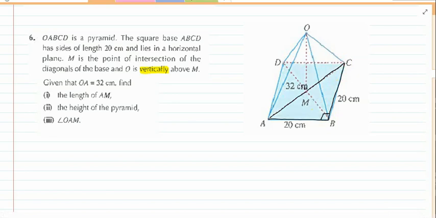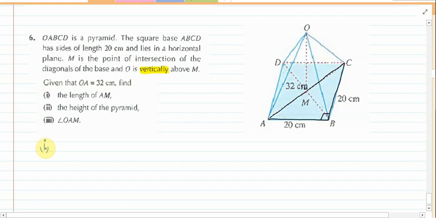Now if I consider the triangle for part 1, it's a right angle triangle and we are looking to find the value of AC, right? If I apply Pythagoras theorem, AC square is equal to 20 square plus 20 square.